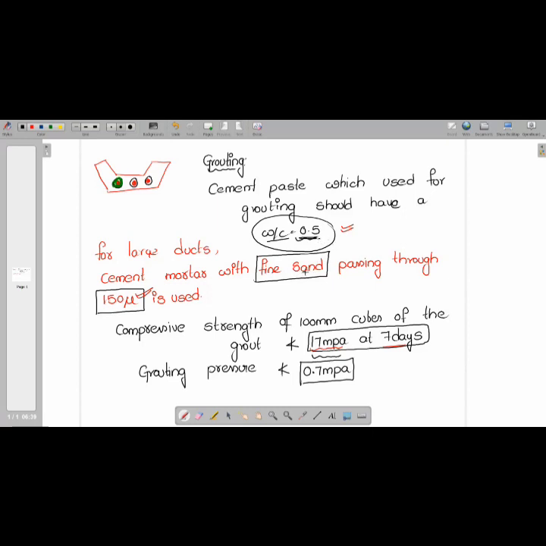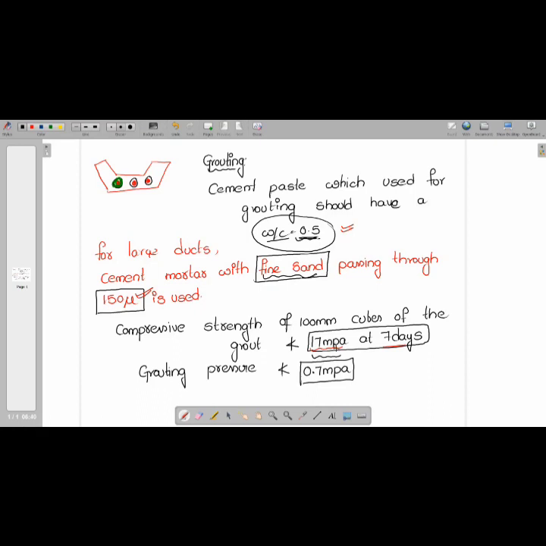Fine sand passing through 150 micron is used. The compressive strength of 100 mm cubes should not be less than 17 MPa. And the grouting pressure should not be less than 0.7 MPa. Is this clear, students?